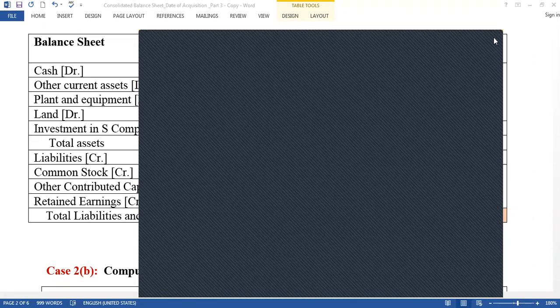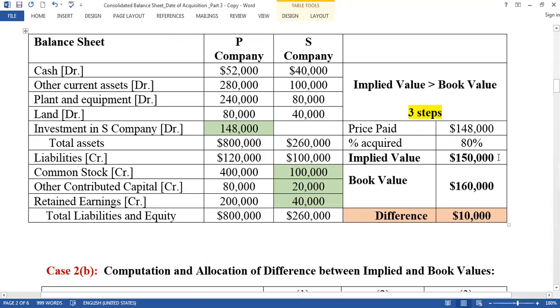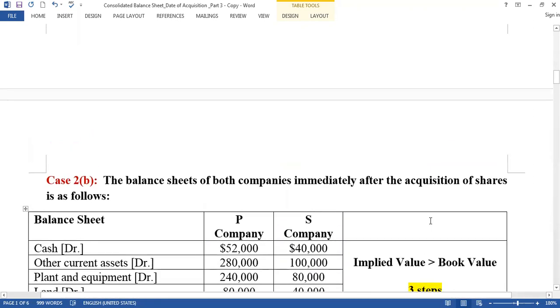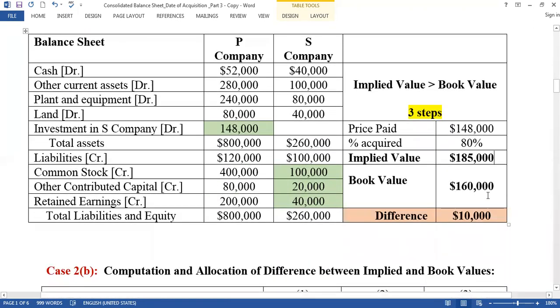Wait a moment. So here it should be $195,000. This is the book value, and the difference is 25,000.